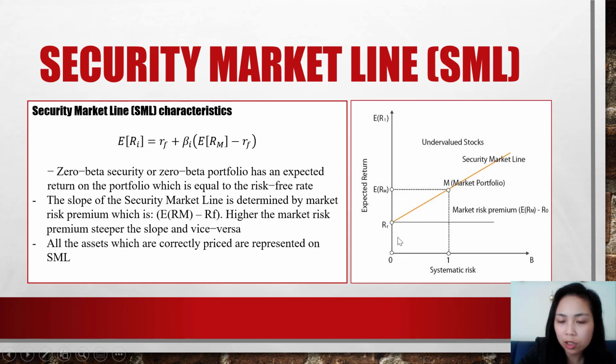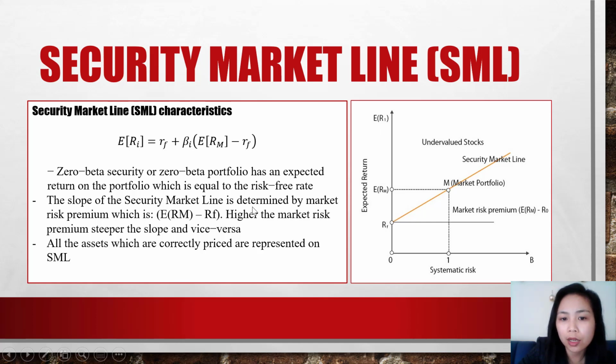The expected return of the investment should be the risk-free rate. That's why that portfolio is said to be the zero beta portfolio. So we see that a zero beta security or zero beta portfolio has an expected return on the portfolio which is equal to the risk-free rate. You see that when beta is 0, expected return is RF.